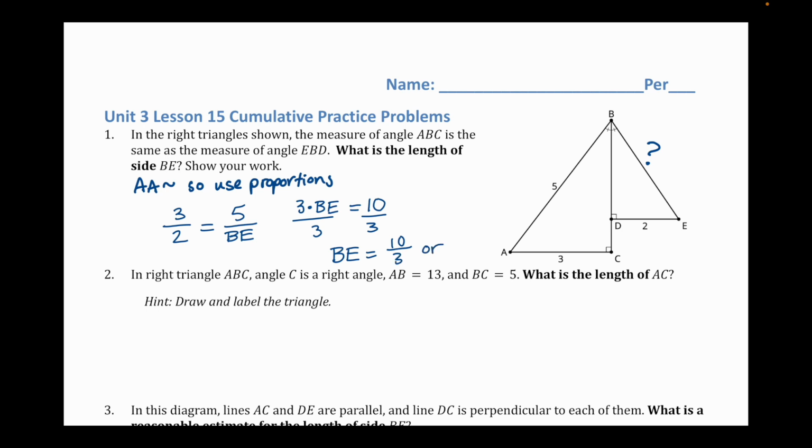Or if we write it as a mixed number, this is going to be 3 1/3, or 3.3 repeating. It says show my work. I think I've shown my work good enough. So yeah.